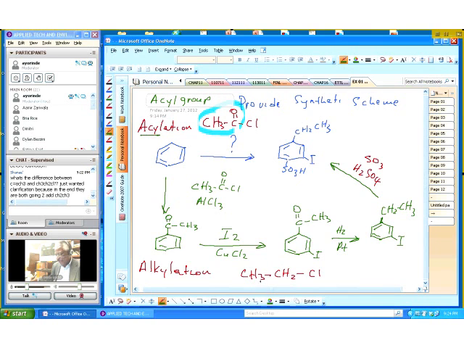That is where the acyl comes from. Of course, this group here is called an alkyl group, and that is where the alkylation comes from. So that would be the difference.